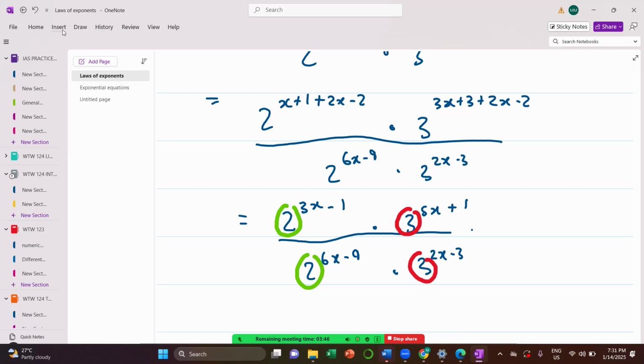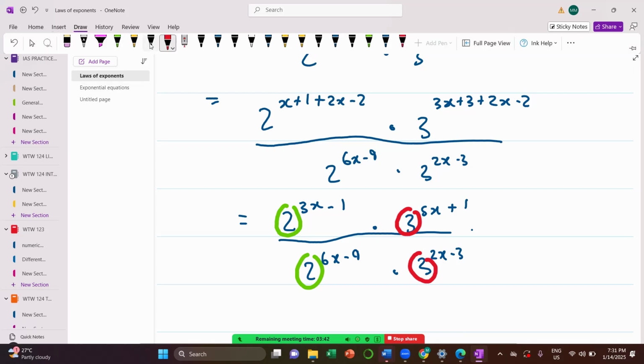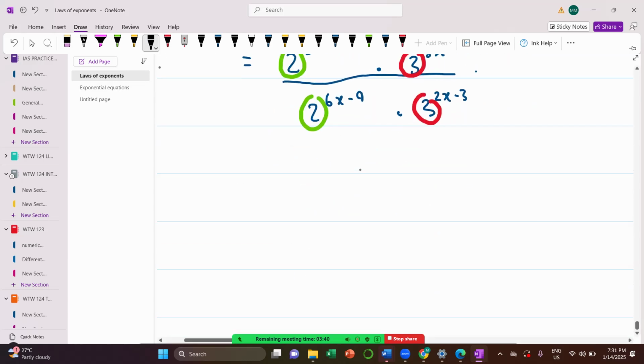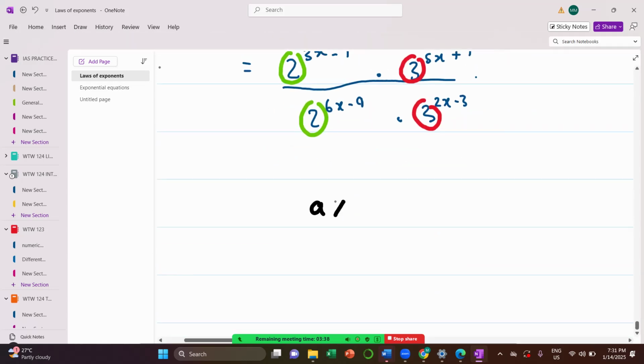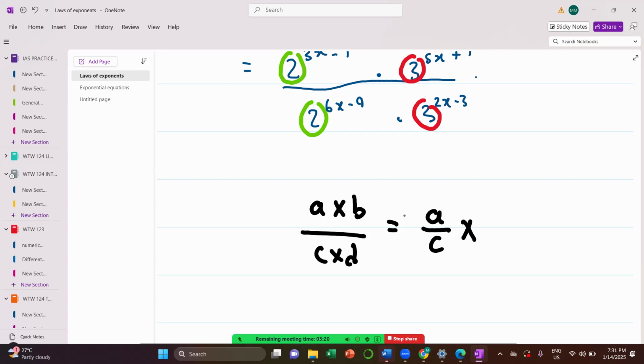So there's this law of mathematics that says if I have a situation like A multiplied by B all over C multiplied by D, because I have this multiplication sign on top and at the bottom, I can simply say it's A over C. I divide A and C, keep the multiplication sign, and then I divide B by D.